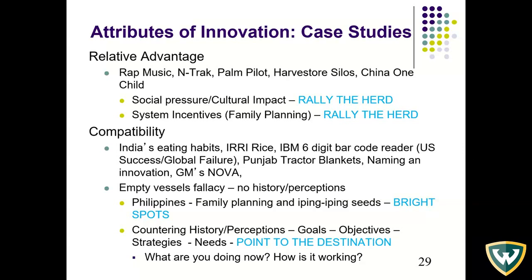And then there is a way to counter history and perception. As I mentioned earlier, I spent my entire career in technology, and pretty much everything I did was about diffusing innovation, whether it was something more leading edge or even routine innovations. Everything requires an innovation strategy.